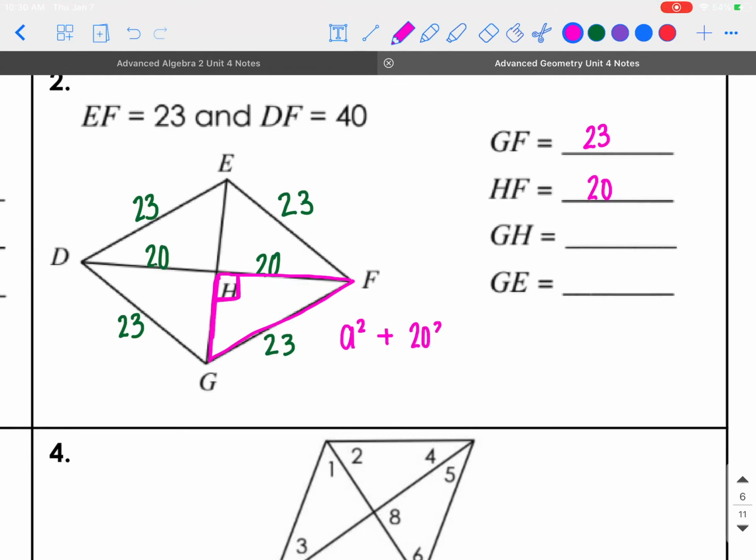A squared plus 20 squared equals 23 squared. Remember, your hypotenuse always has to be your C, so the one across from the 90-degree angle. A squared plus 400 equals 529.